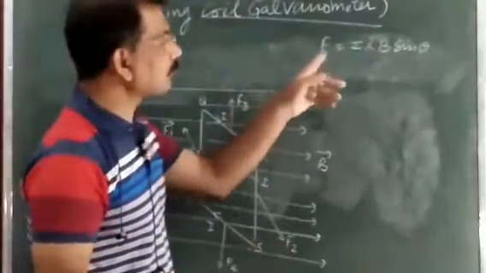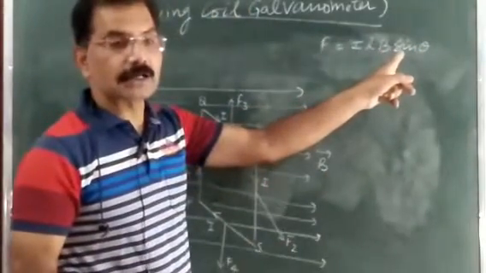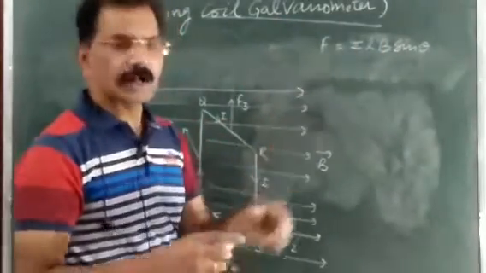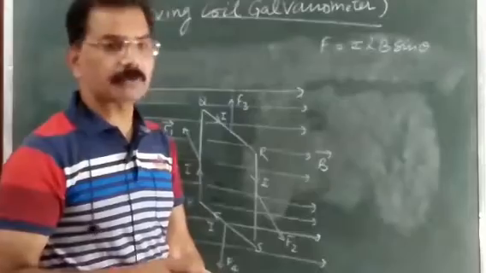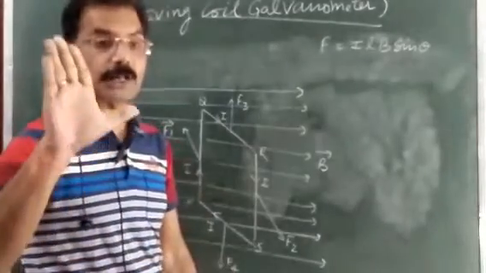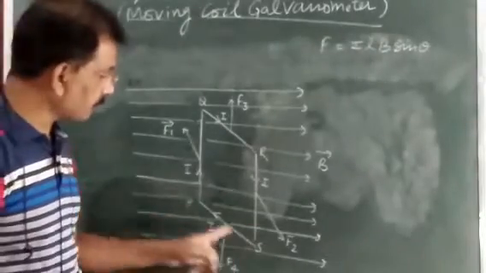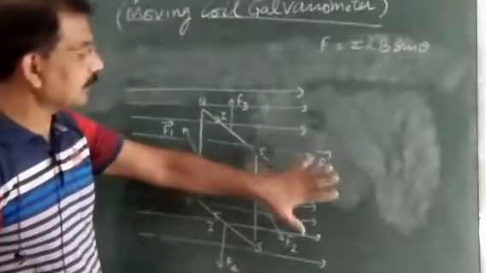This is the magnitude of the force experienced by the current carrying straight wire in a uniform magnetic field, and the direction of the force you can find out by using the right hand palm.